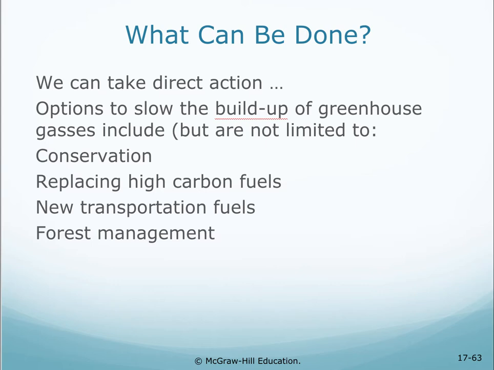We can take direct action. Options to slow the buildup of greenhouse gases include, but are not limited to, conservation, replacing high carbon fuels, new transportation fuels, and forest management.